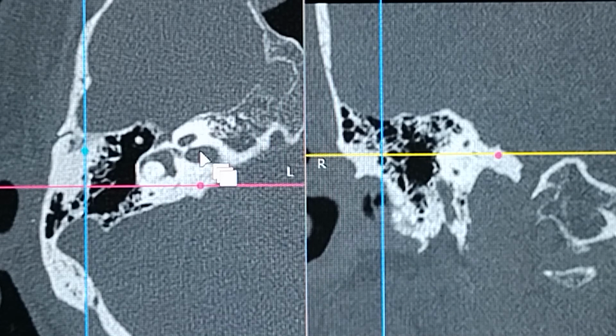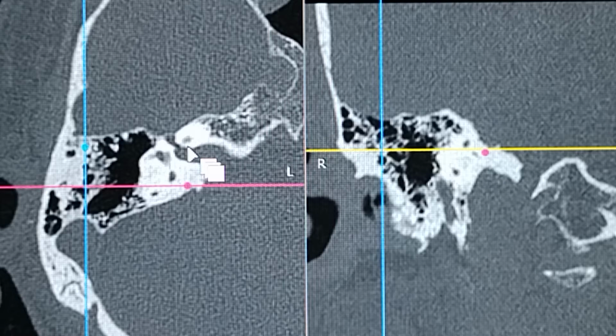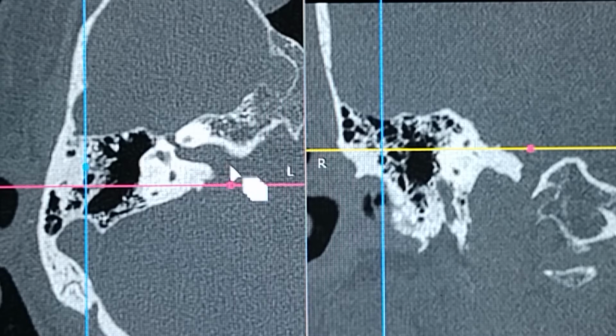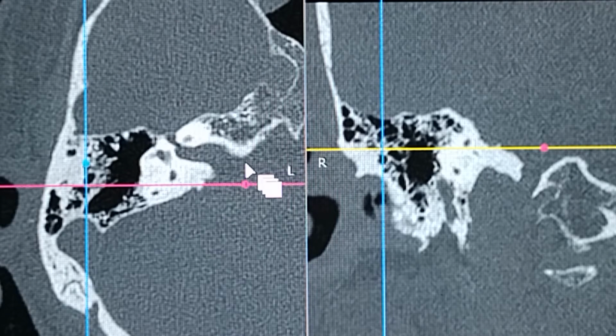As we keep on going above, you can see that the cochlea is disappearing, and now we are at a more superior level. Now what you can see is the IAC over here, and that is the facial nerve. The facial nerve comes from the brain stem, travels laterally, and enters the internal acoustic canal.